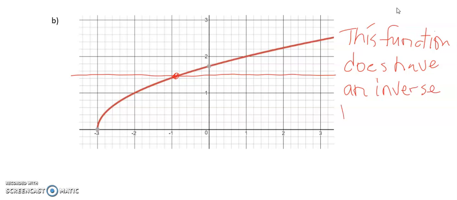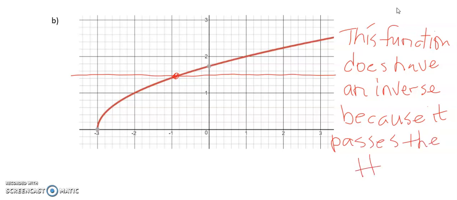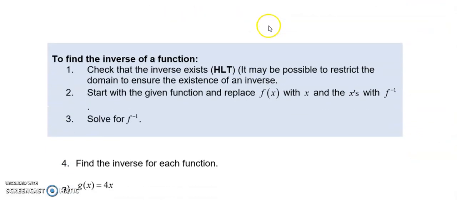Because if you're asked for a justification, it passes the horizontal line test, HLT. You can use that as an abbreviation for the horizontal line test, okay? So that's how you can tell clearly if a function, from its graph anyway, has an inverse or not. All right. So let's move on now to the next page.